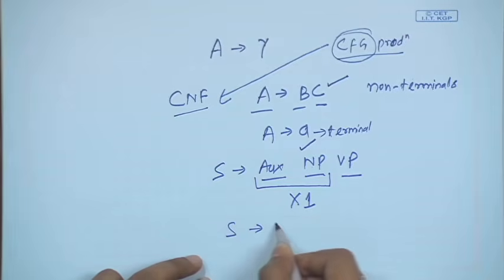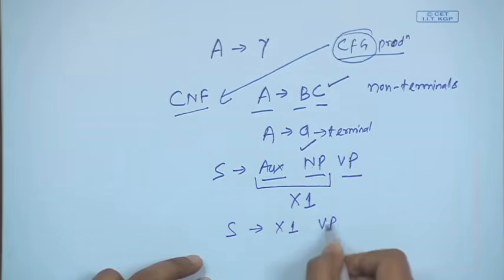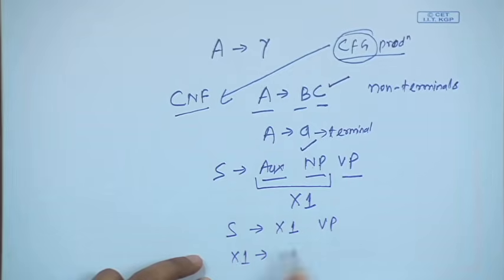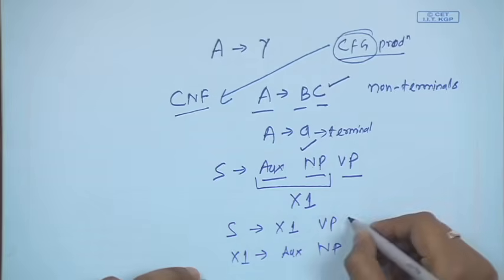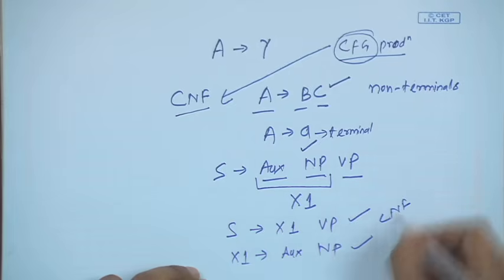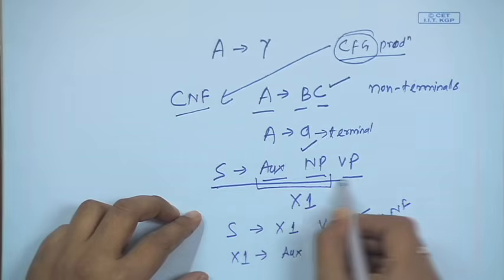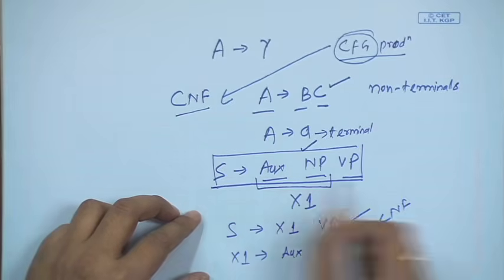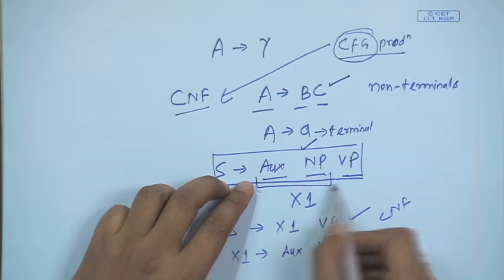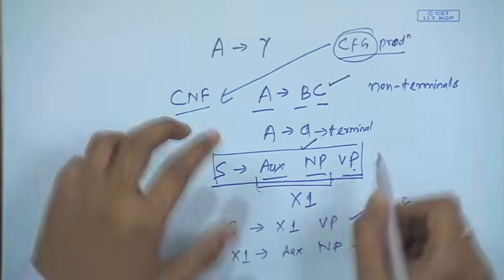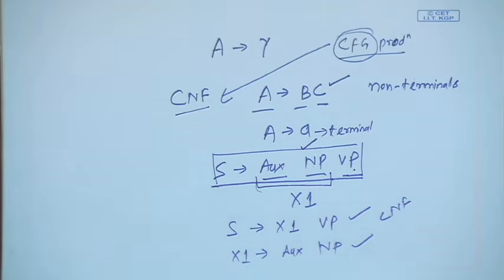It will be S goes to X1 followed by VP, and X1 will be auxiliary followed by NP, and this is equivalent to this rule. And now this is in my Chomsky normal form. So the idea is that whenever you have a rule where you have more than 2 non-terminals, you try to break them down such that it is one non-terminal, another non-terminal. This you can again further break down if needed. Okay, and this is a simple approach.